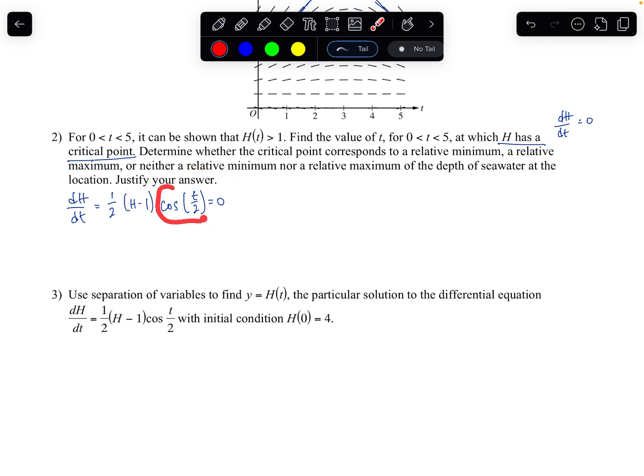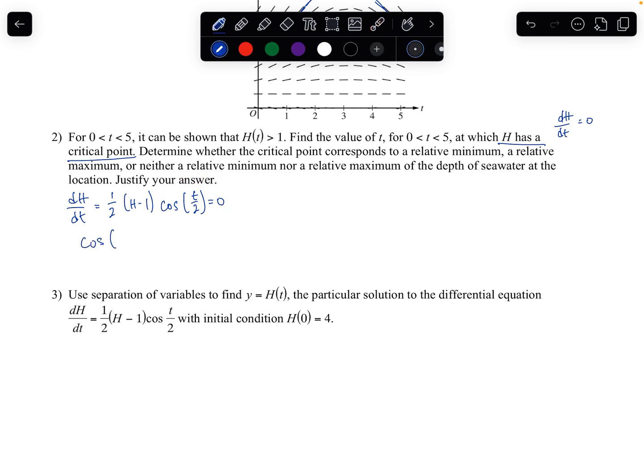Or cosine of t over 2 has to be 0. And since h can't be equal to 1, we don't even need to consider that at all. We don't need to consider this being equal to 0. So the only possible way that our derivative, h, will have a critical point is when cosine of t over 2 equals 0.